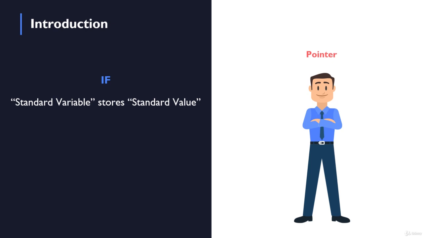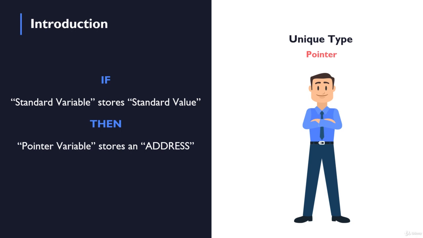So a standard variable is used to store a standard value. And we can say for now that a pointer variable is of a unique type, which contains, instead of the standard value, the address of where it points to. To make it more clear, a pointer variable basically holds the address of some standard variable.